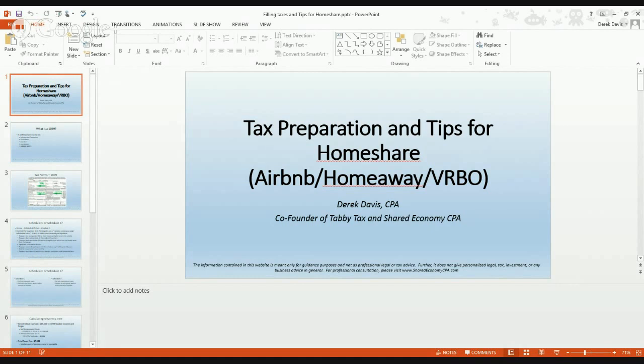So here's a 7 bullet point test provided by the IRS to determine if you materially participated. And why this is important is because if you did materially participate in your Airbnb activity, it could be considered on Schedule C as opposed to Schedule E.